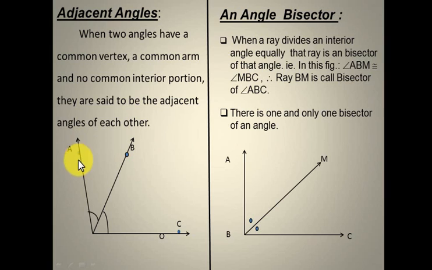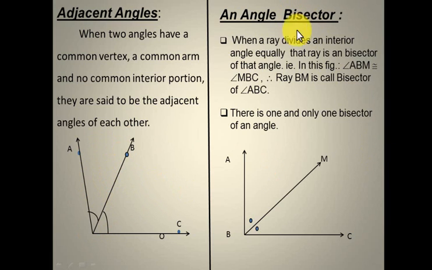That means the AO ray is meeting the OC ray and OB is also meeting at this point. This is the common vertex, named as O. So there are two angles, AOB and BOC. Here the angle has been divided into two. It is having a common vertex and a common arm, but the interior portions are not overlapping. We call it an adjacent angle.